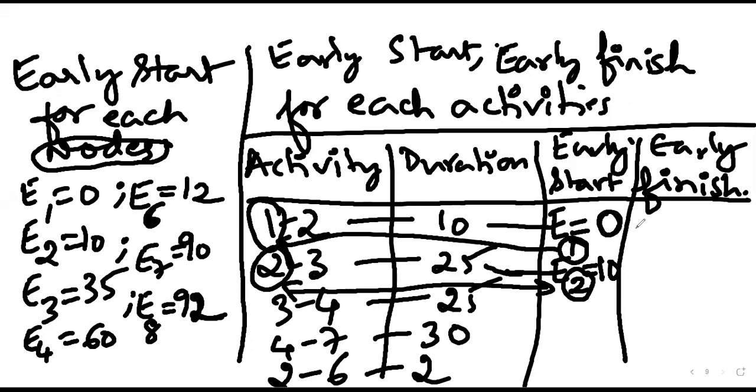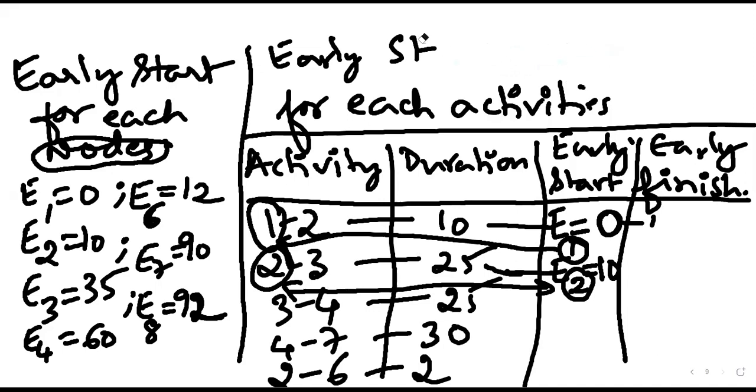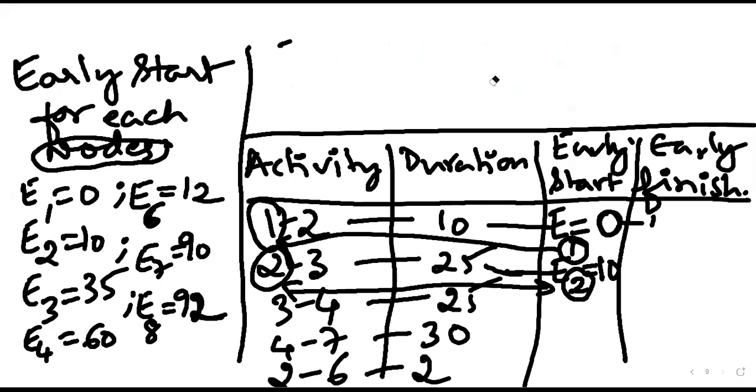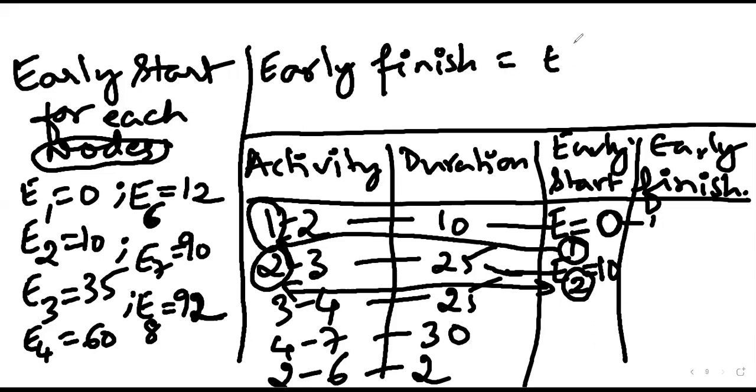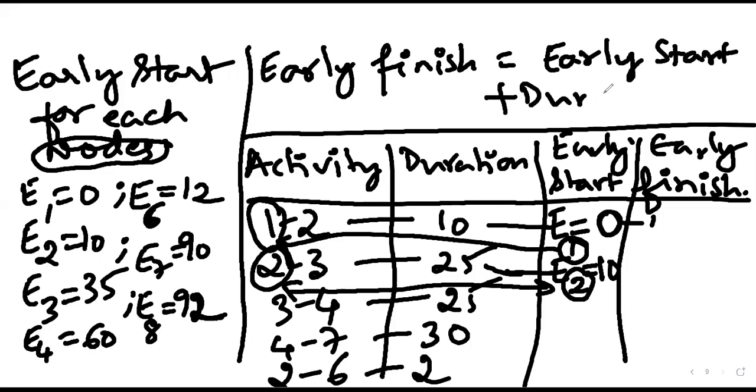Is it fine? Now similarly, what is early finish? Early finish is nothing but, I will just write it, I do not have space here. Early finish of activity is equal to early start plus duration.